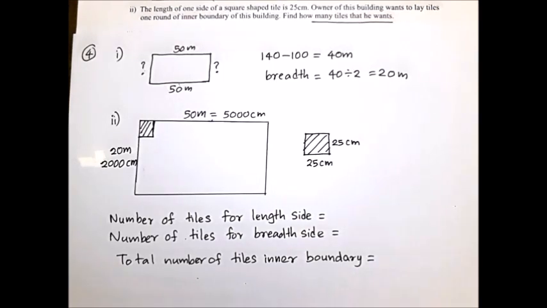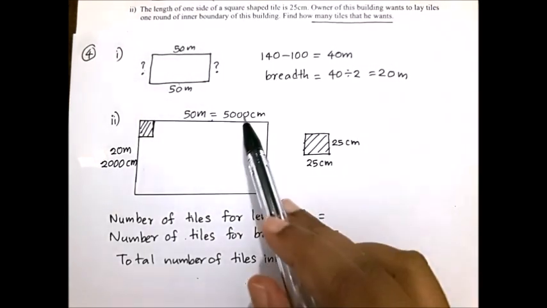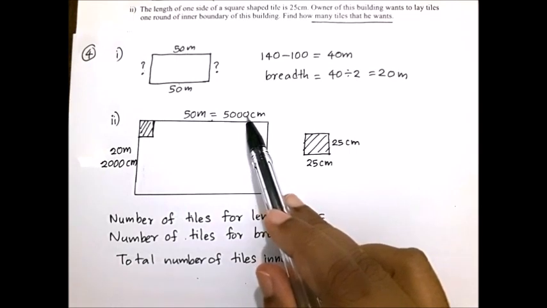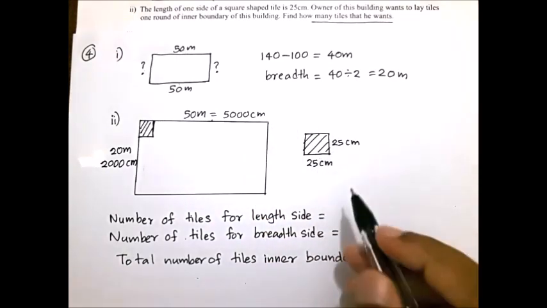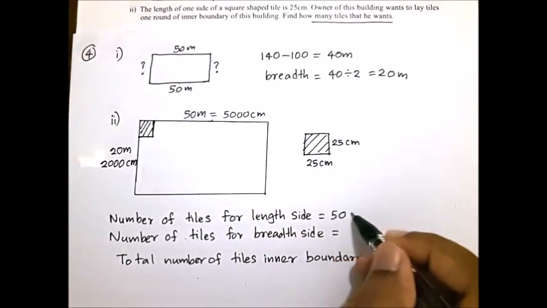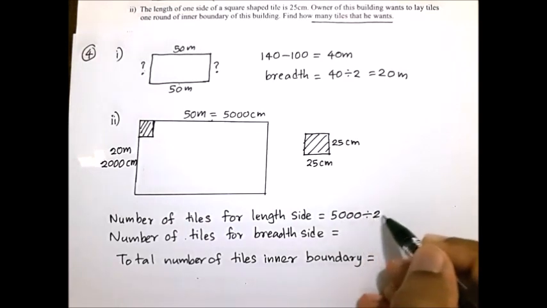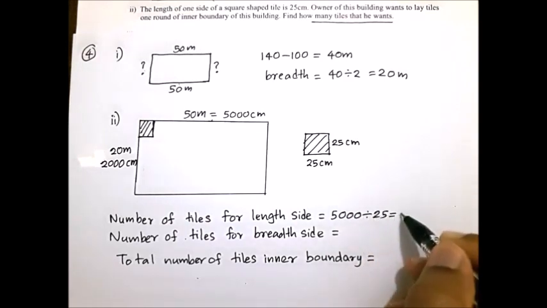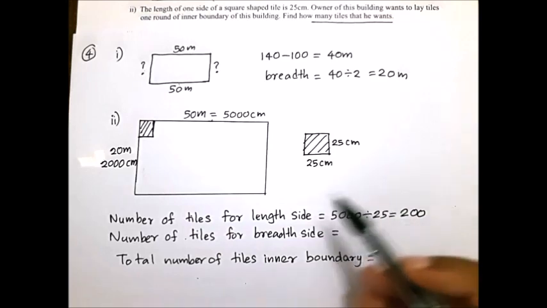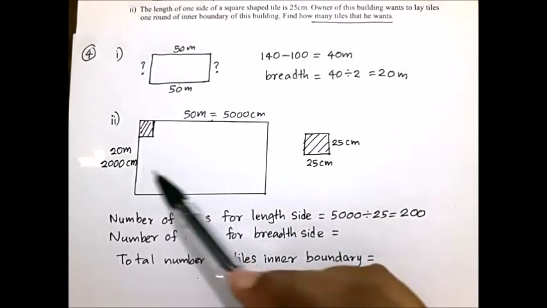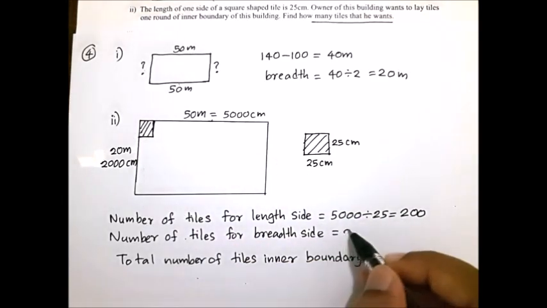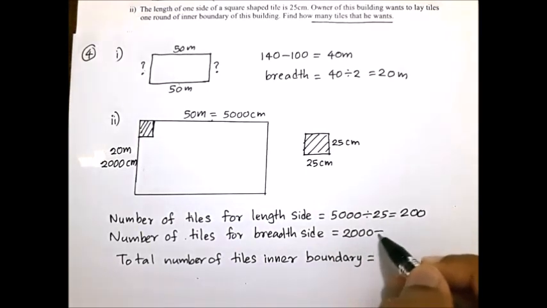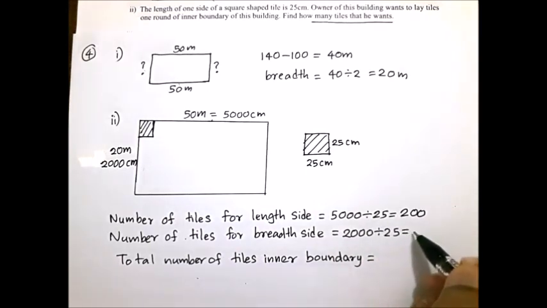Number of tiles for the length side: the length is 5000, the length of a tile is 25. 5000 divided by 25 is 200 tiles. Number of tiles for the breadth side: breadth is 2000 divided by 25, 80 tiles.